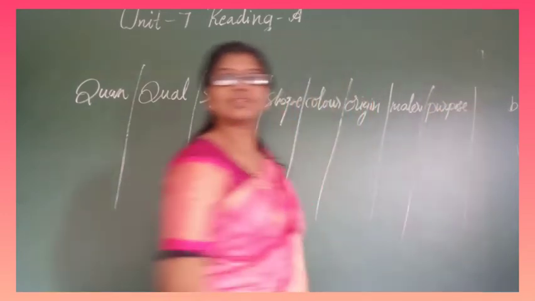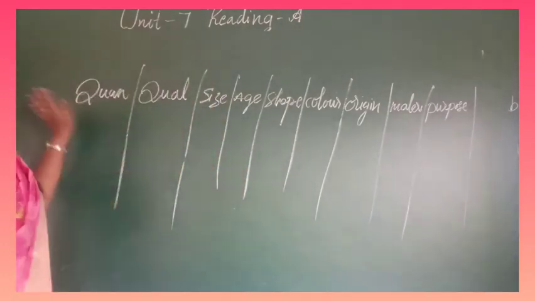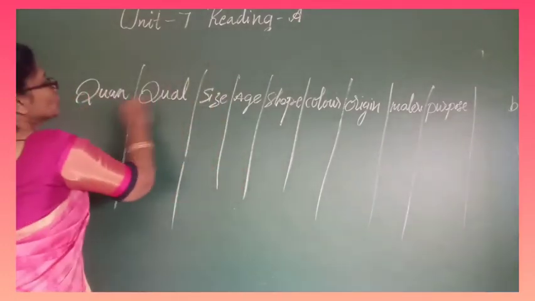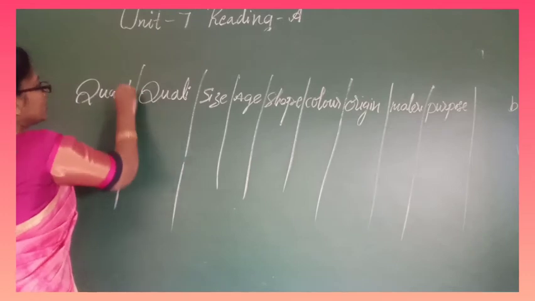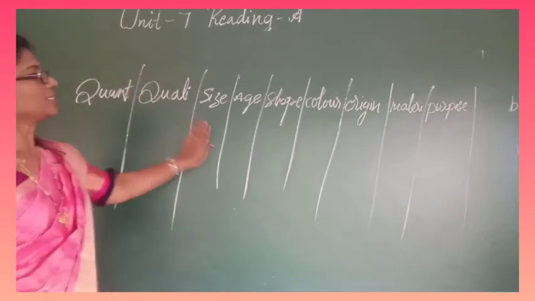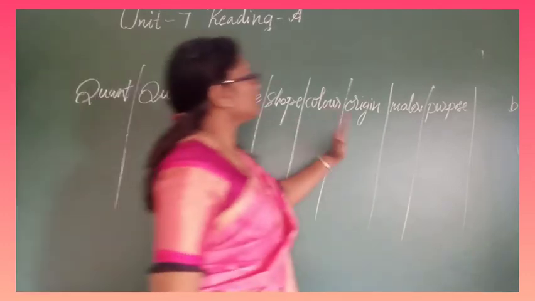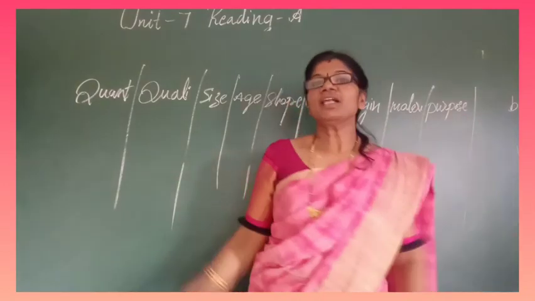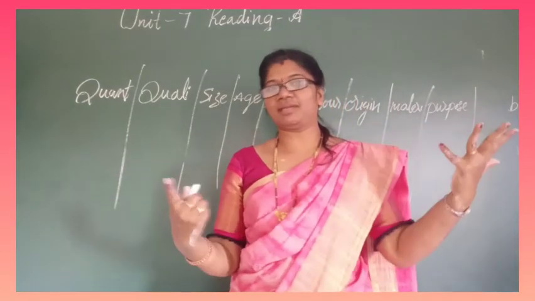Okay, is it clear? Now see, QQ: quantity, quality. SAS, size, age, shape. COMP, computer: color, origin, material, purpose.